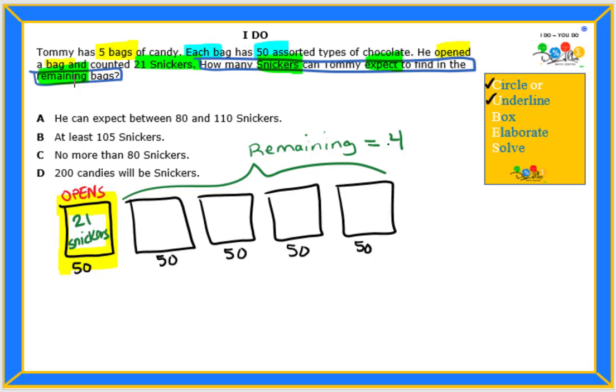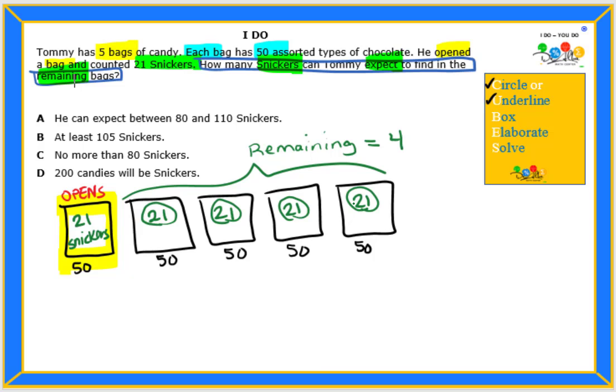So in thinking of that manner, we want to use the bag that Tommy opened as our example or our model. So if the bag that he opened had 21 Snickers, then we are going to predict or expect that each of these other bags also would have 21 Snickers. So if each of the bags was exactly the same, this is what it would look like. Okay?